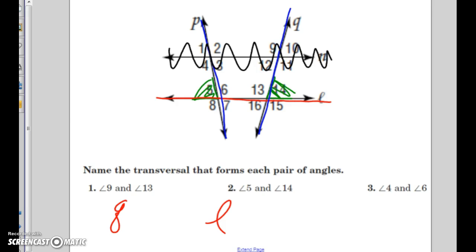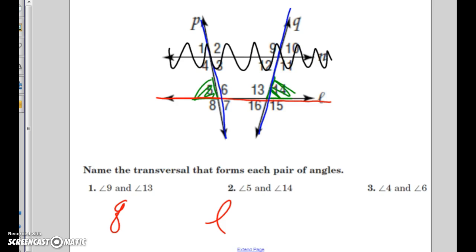But Miss Lindsay, that looks different than the last problem. Good, turn your paper to where it looks like the other problem if that's hard for you. You're not changing the problem by turning your paper, are you? You're just looking at it from a different angle. The main point is to make sure you know which line is your transversal, what one line touches both of those angles, and then the other two lines are going to be your blue lines.